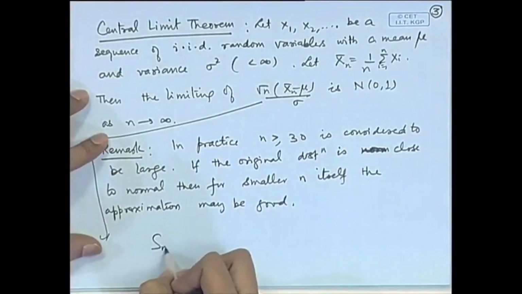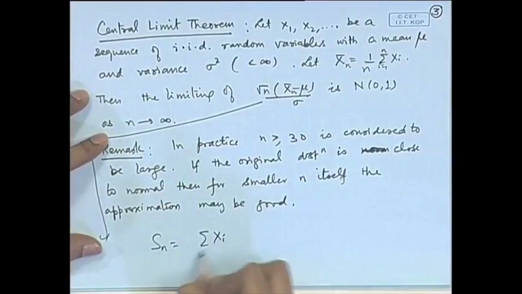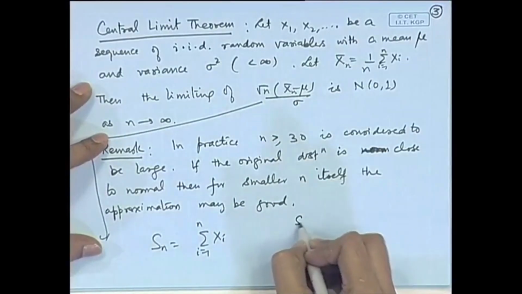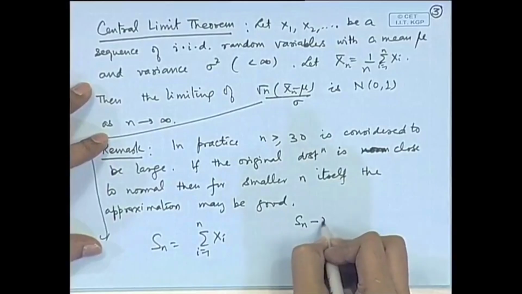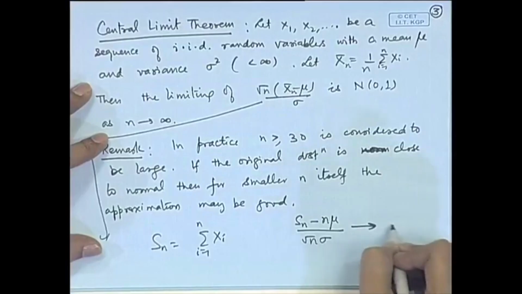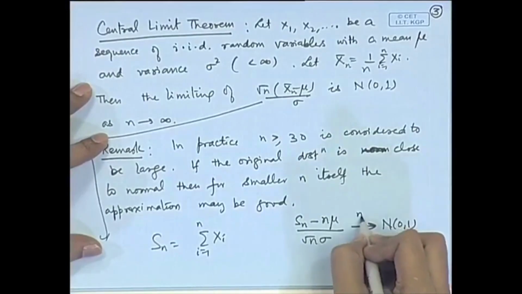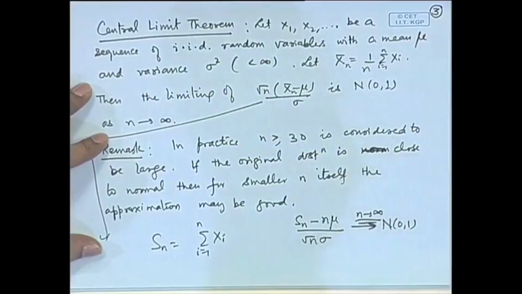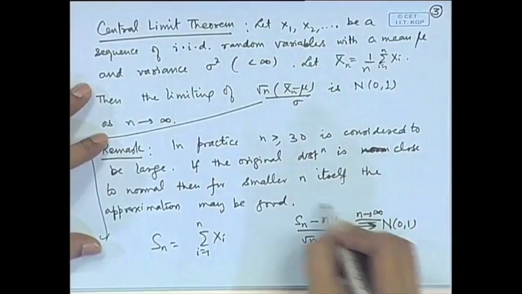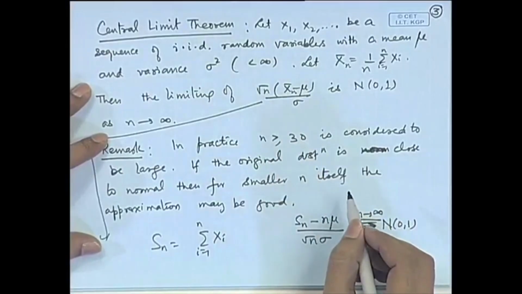Suppose I define S n as the sum of x i, i equal to 1 to n. Then an equivalent form is that (S n minus n mu) by root n sigma converges to a standard normal random variable as n tends to infinity. So, the binomial approximation to the normal is a special case of the central limit theorem.